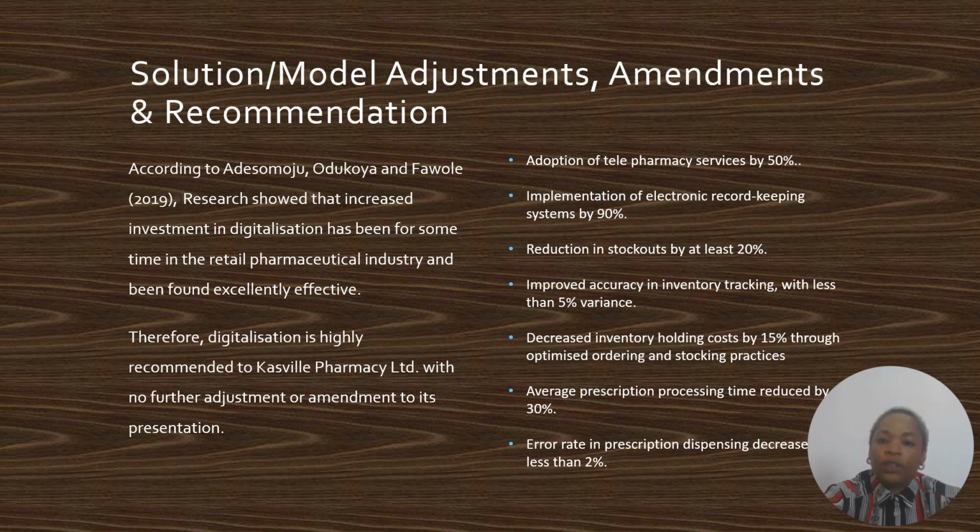There will be reduction in stockouts by at least 20%, improved accuracy in inventory tracking with less than 5% variance, decreased holding cost by 15% through optimized ordering and stocking practices, average prescription process time reduction by 30%, error rate in prescription dispensing will also decrease by 30%. All this is made successful through digitalization.